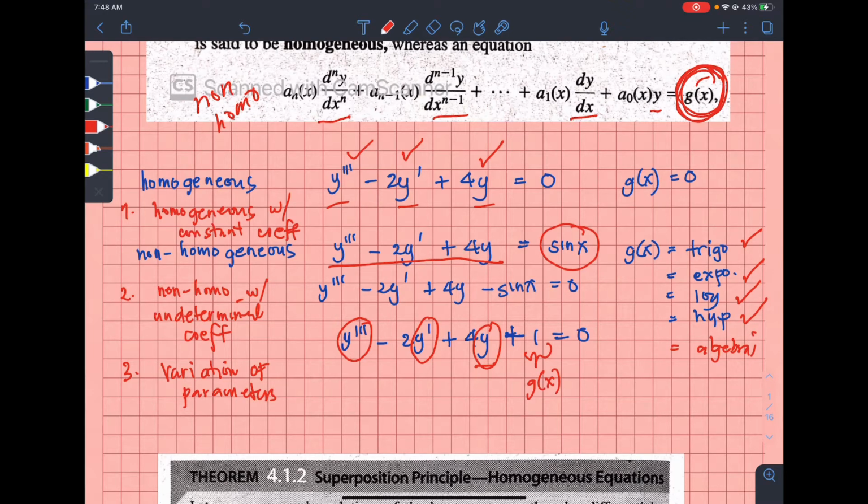Non-homogeneous with undetermined coefficient is limited to some forms of g of x. However, for variation of parameters, as long as you can integrate it, you will be able to use the variation of parameters. With undetermined coefficient, once we get to that topic, it's limited only to specific values of g of x that it can solve.